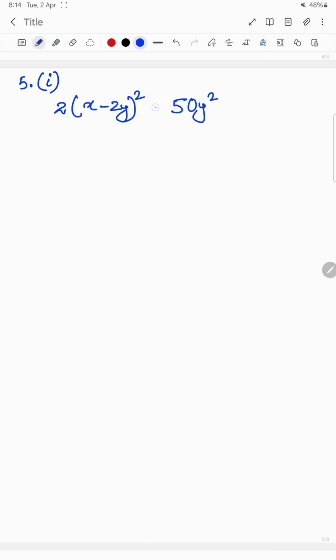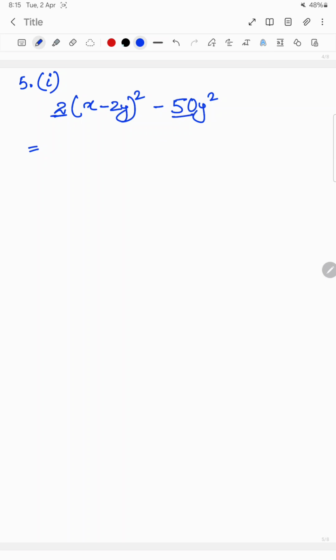Okay, so now let's go to the next question, question number 5.1. The question number 5.1 is 2 into x minus 2y whole square minus 50y square. Now here you see the question has 2, which is not a perfect square. 50 is not a perfect square.